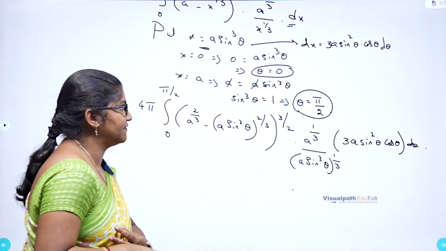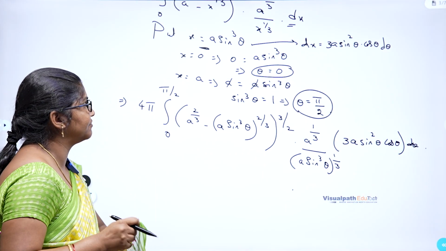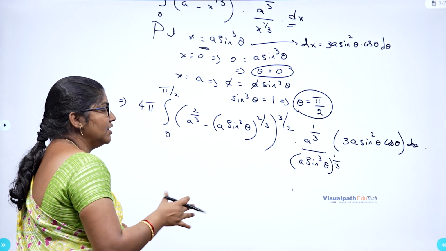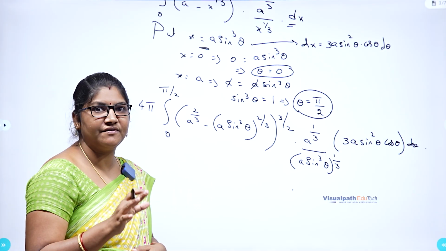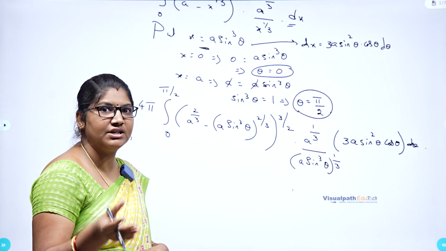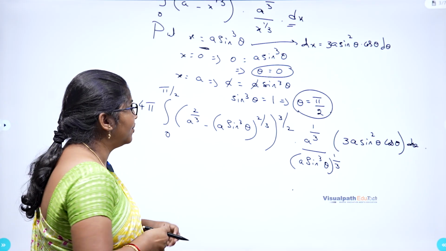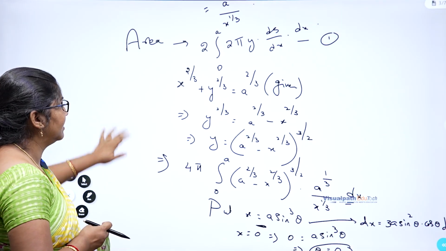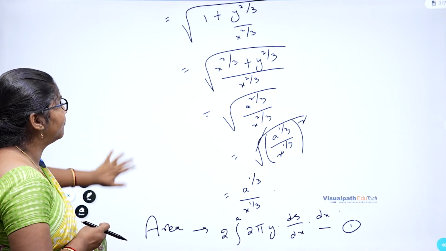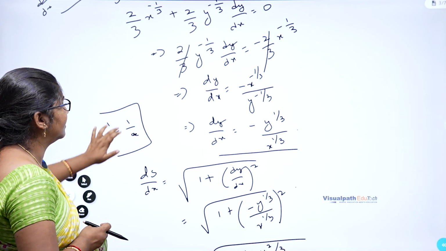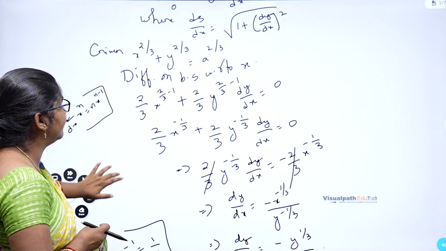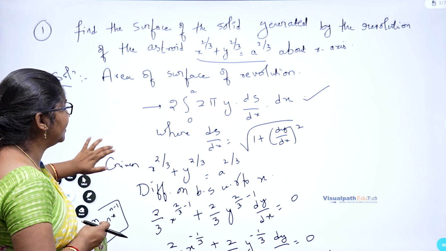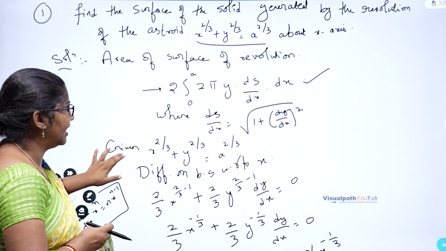See, after the transformation, after the complete substitution, we got this value. Now we need to do simplification for this. After that integration, then we will get the final answer. Once again, if you see the problem from the starting onwards, what we did is, for the given curve, this is the question, this is the formula.